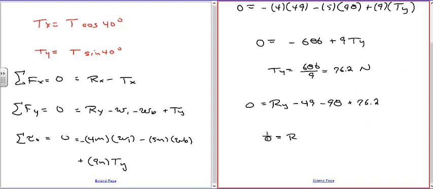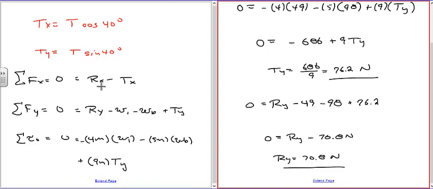If we add all the constants together, 49, 98, you'll get negative 70.8 newtons, or r sub y is 70.8 newtons. Okay, so that's r sub y. We got t sub y, r sub y.